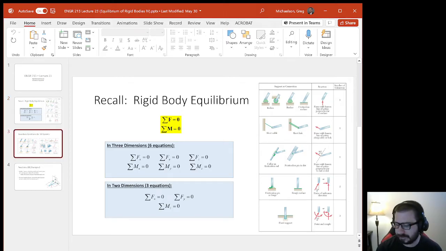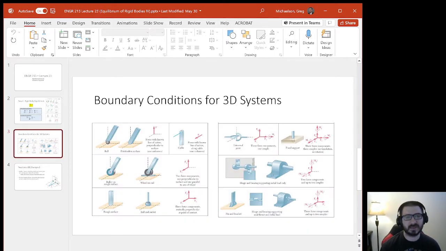Now, in 3D, there are oodles and oodles of different boundary conditions. By and large, the most common ones I would expect you to deal with are either the fixed support or the ball and socket, because the ball and socket is the 3D equivalent of a pin boundary condition, and the fixed support is just a 3D equivalent for a fixed boundary condition.